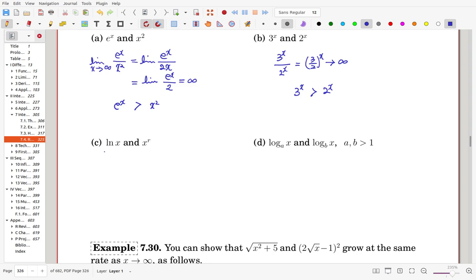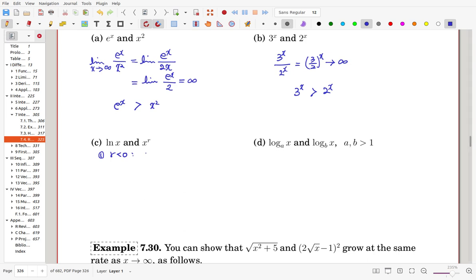Now we'll compare logarithm x and x to the r. Here r can be positive, 0, or negative. Let's begin with the case r negative.